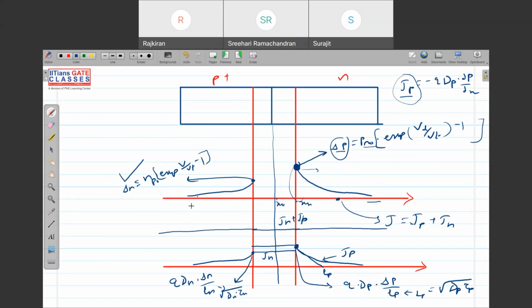If I want to find the current due to electrons in the N region, it will be the total current J minus Jp.